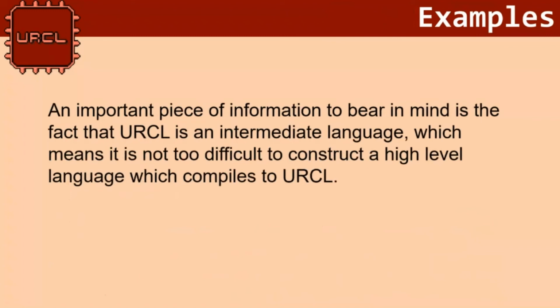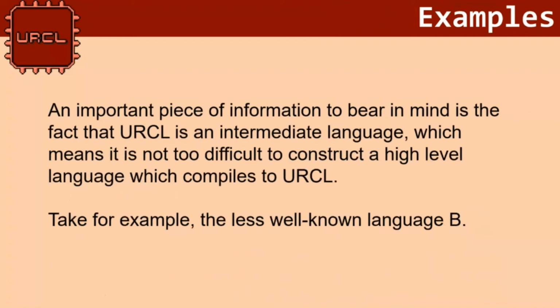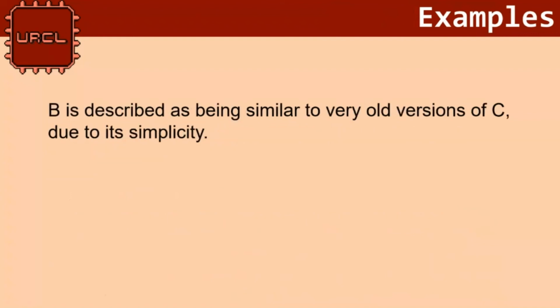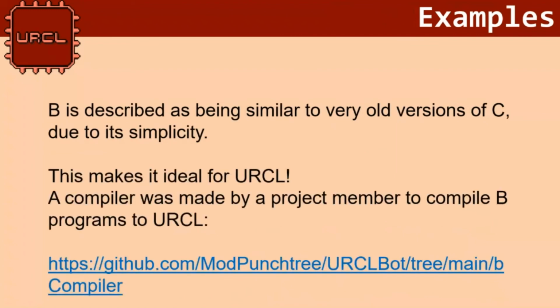Now, an important thing to bear in mind is the fact that URCL is in fact an intermediate language, which means you can actually make a high-level language and compile it down to URCL. Now, you might not have heard of this language, but there is a very old language called B, and it's like C, except it's ancient. And it's very simple. But this makes it ideal for URCL, because simplicity is the goal. We want it to be accessible.